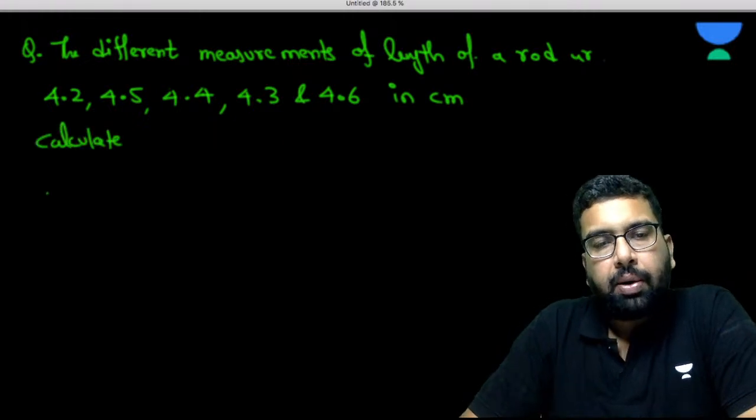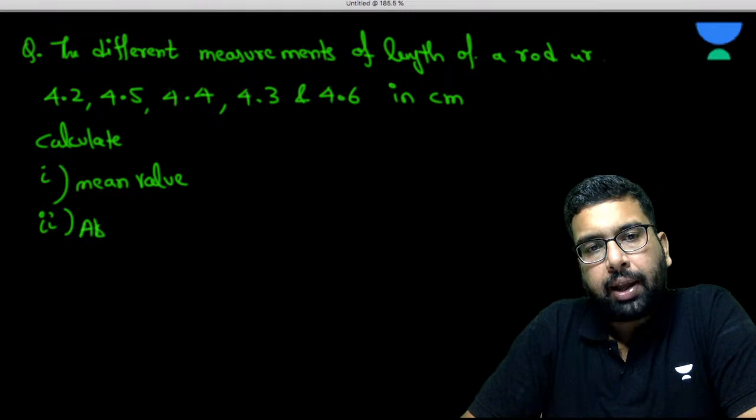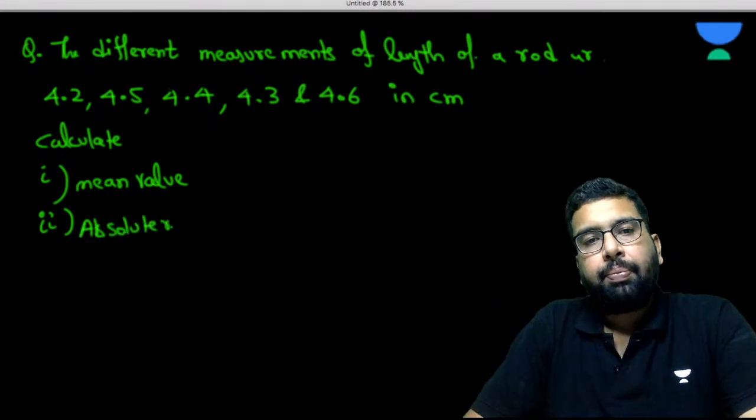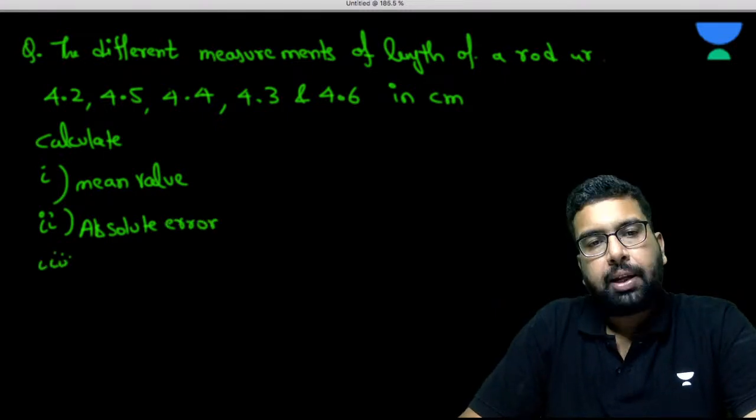We need to calculate the mean value. Secondly, you need to calculate the absolute error. Then you need to calculate the mean absolute error.